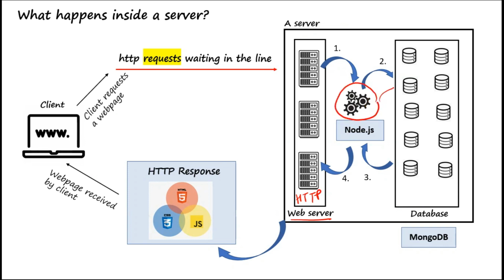Node.js converts it into the right format so that our database can understand. We are using MongoDB. MongoDB provides all the user data or web page data back to Node.js. Node.js converts it into the right format so that the web server can create the attractive web page and deliver it to the web browser.